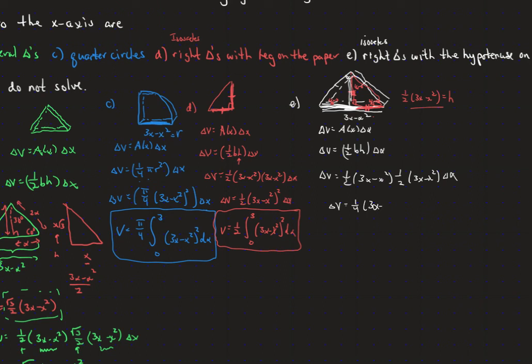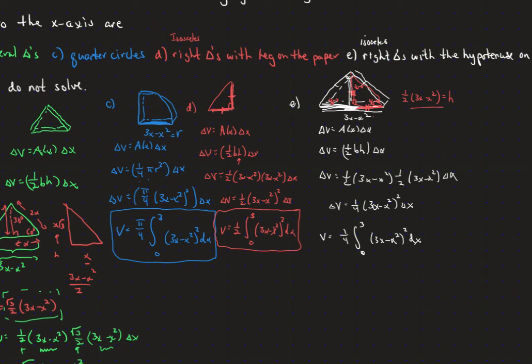And then our function, in this case 3x minus x squared, times delta x, and we go to our volume, which is going to be then that integral from 0 to 3 of the 3x minus x squared dx.